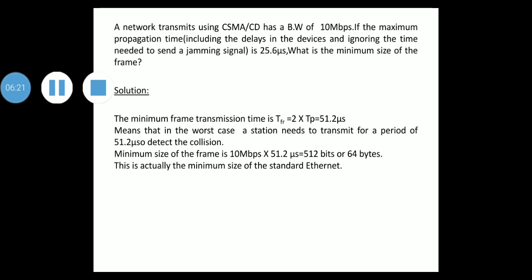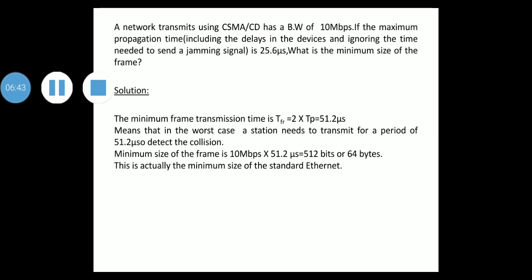There is an example. A network using CSMA/CD has a bandwidth of 10 Mbps. If the maximum propagation time is 25.6 microseconds, what is the minimum size of the frame?